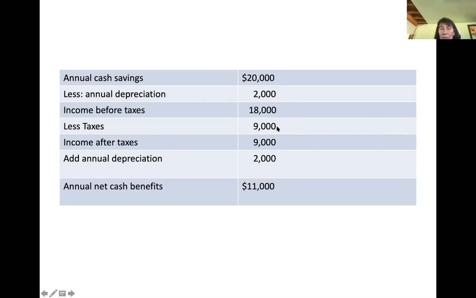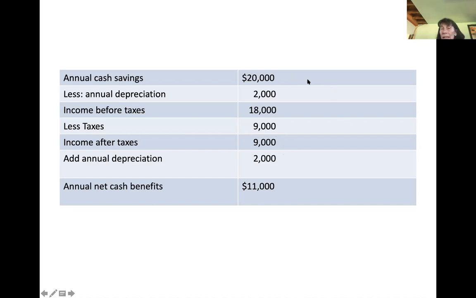We pay $9,000 in tax, and because we got to have this $2,000 deduction that we subtracted, that reduced our cash savings by $2,000, we didn't spend any cash, we just were able to write it down. We are basically only getting income of $9,000.